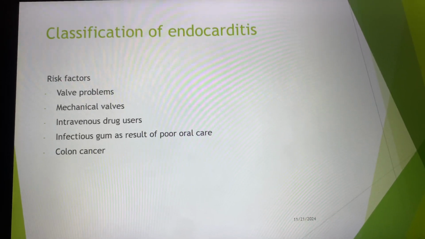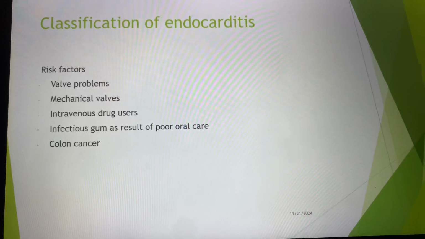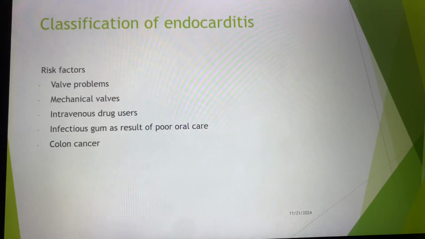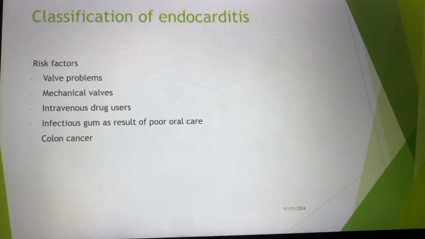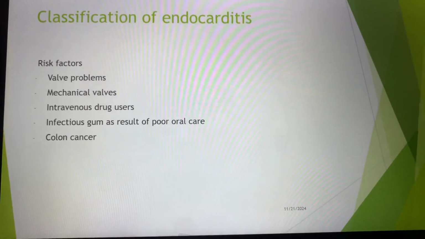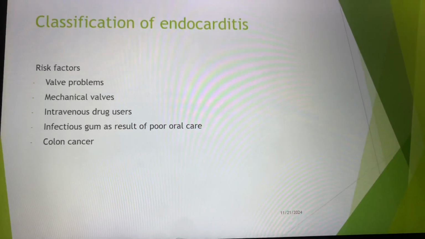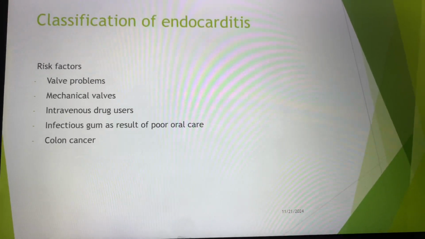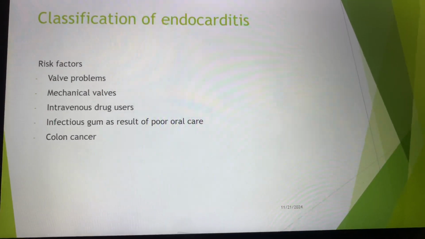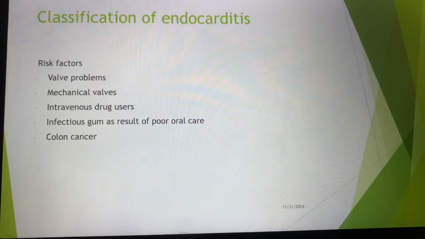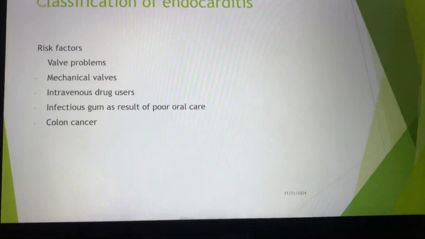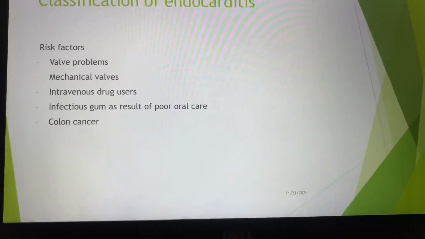We have prosthetic valves that they insert to help the heart valve regulate the flow of blood. We have people who use intravenous drugs as a major risk factor. We have infectious gums as a result of poor oral care. And then we have colon cancer.